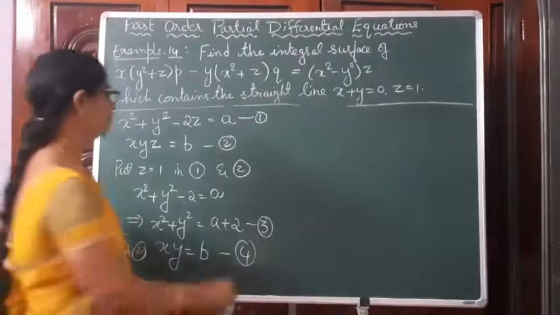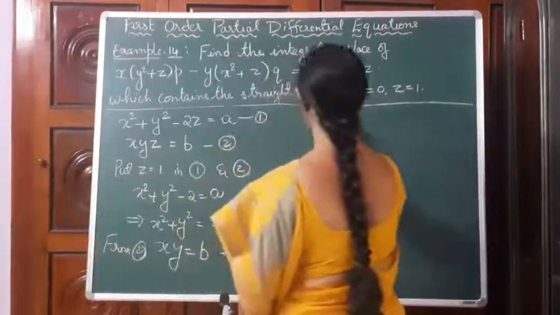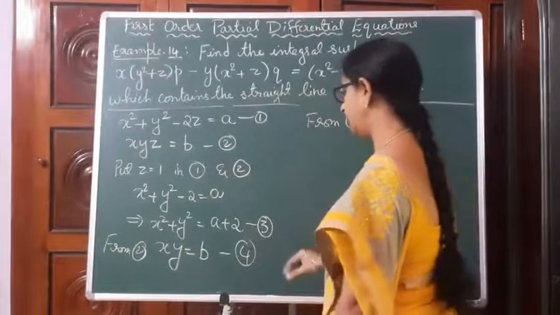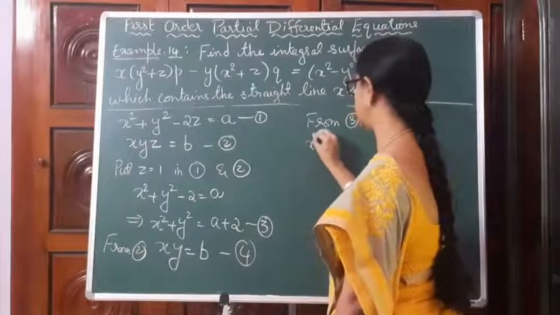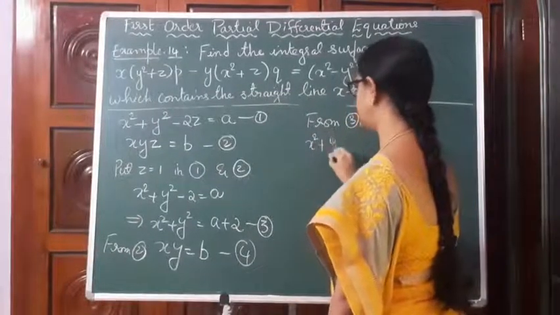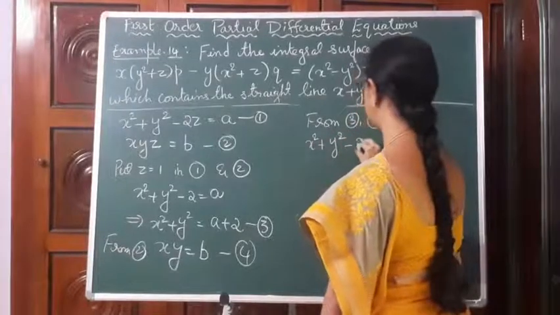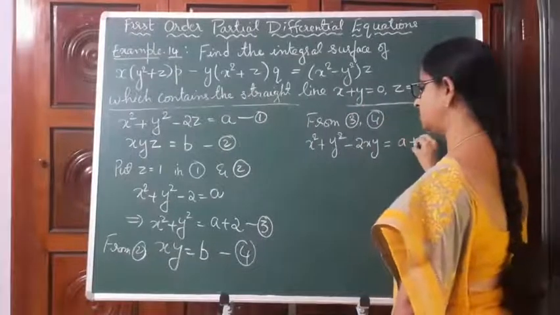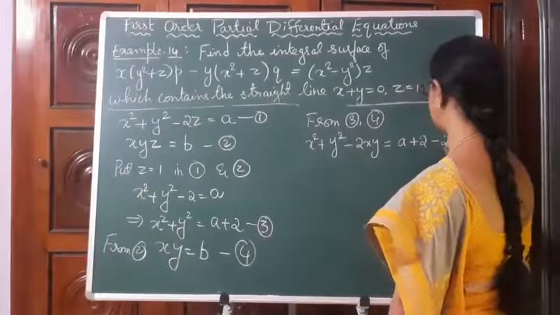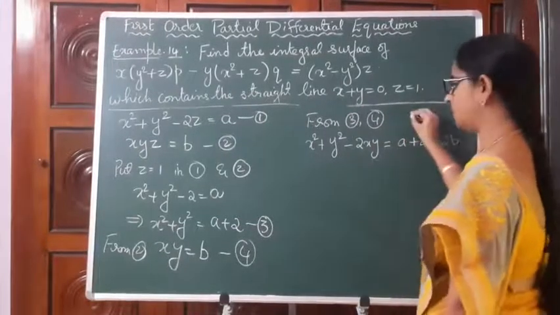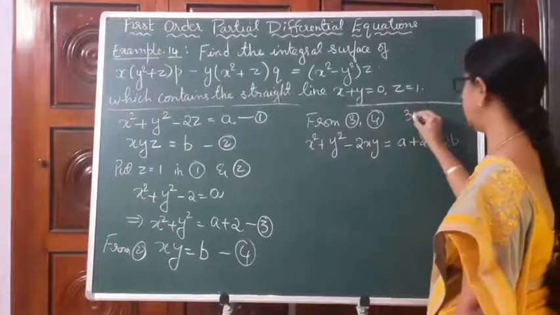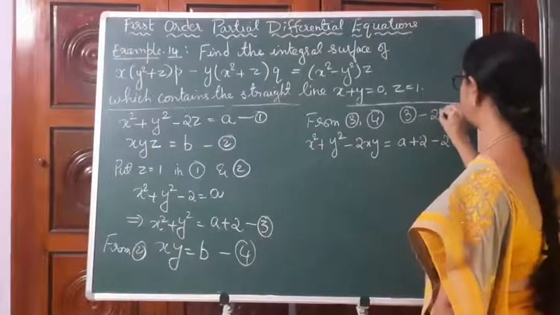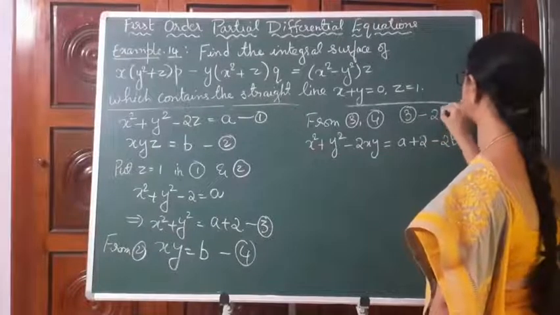Now from 3 and 4, you can write x square plus y square minus 2xy is equal to a plus 2 minus 2b. That is, what are we doing? Equation 3 minus 2 into equation 4.